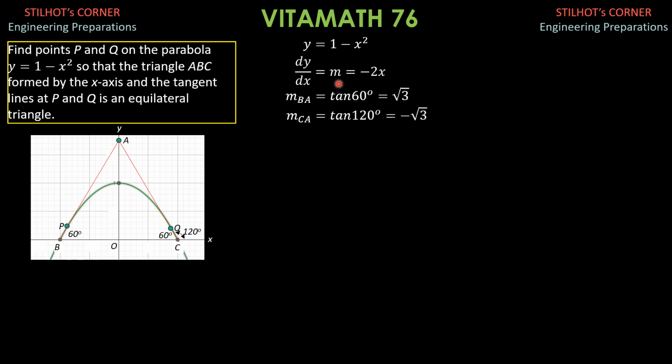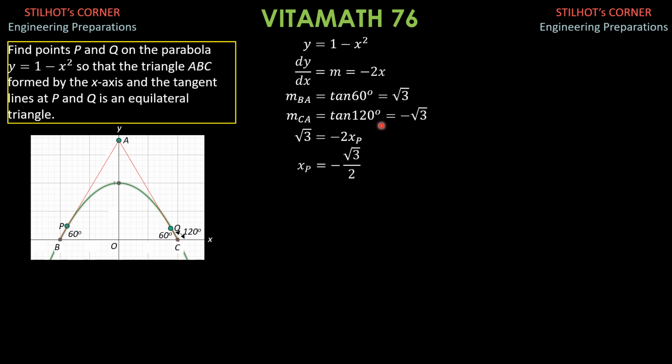So we can now solve for the x-coordinate of the point of tangency P by equating here m of BA, which is equal to square root of 3. So square root of 3 equals negative 2 times x_P. So x_P is negative square root of 3 over 2.